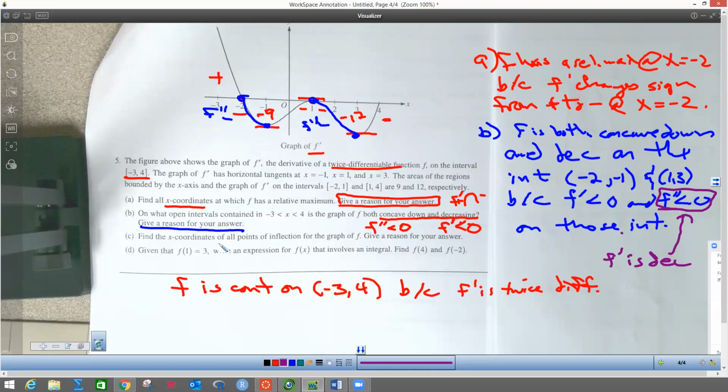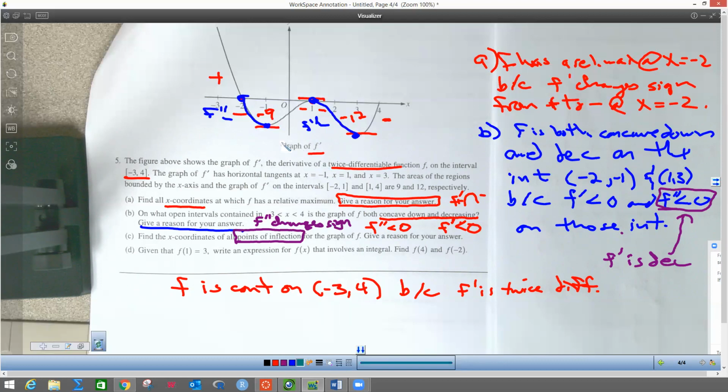Part C says, find the x coordinate for all points of inflection. This is also one that we just did the other day that was on the 5 for 5. So points of inflection occur where F double prime changes sign. And we just talked about a minute ago that F double prime is decreasing here and here, right?